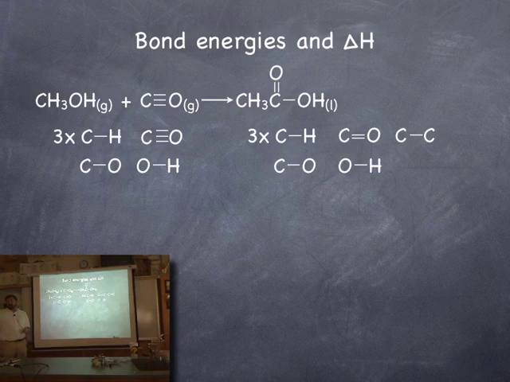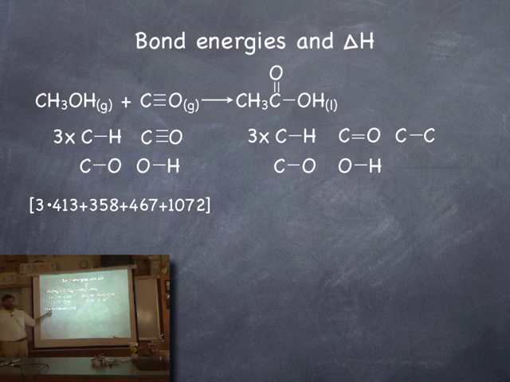So what we're going to do is look up all these values. It turns out the carbon-hydrogen is 413. We can add up all these values. And instead of delta H being products minus reactants, with bond energies it's reactants minus products.